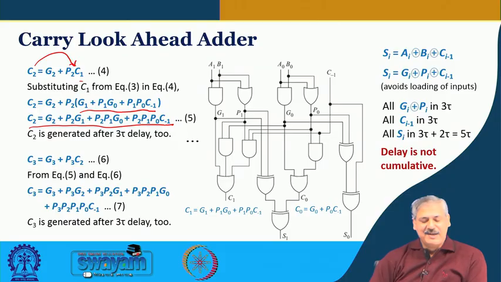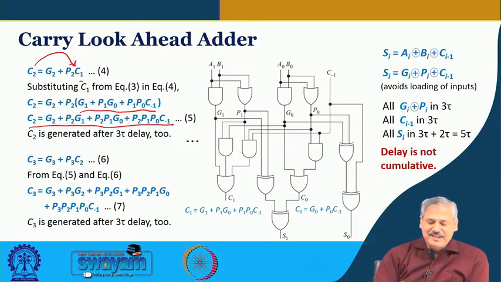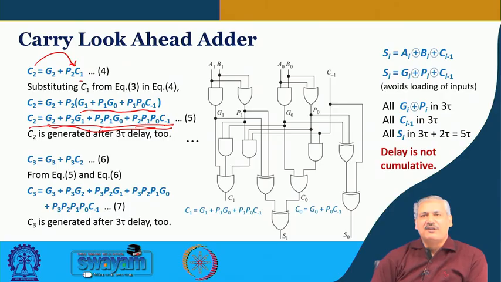Again we see that each of these P I and G I is generated after 1 tau. Each of these AND gates, doing a parallel operation, will take 1 tau. So, 2 tau, and a final OR gate to combine all these product terms, another tau. So, it is obtained after 3 tau delay. Even for 3 bit addition, carry is generated after 3 tau.